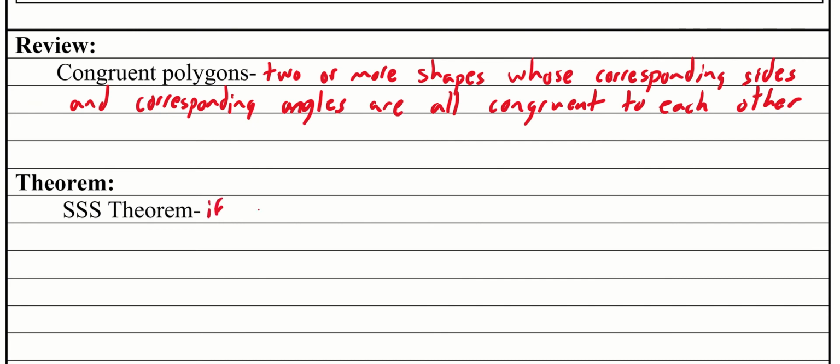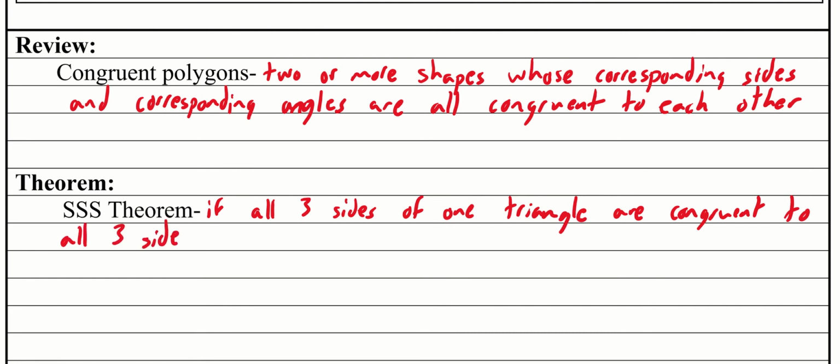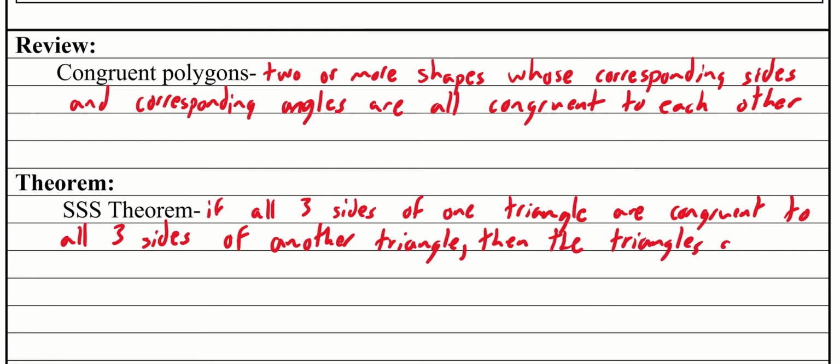It says if all 3 sides of one triangle are congruent to all 3 sides of another triangle, okay, if this is the case, if all 3 from one are congruent to all 3 of another, then I can come to this conclusion that the triangles as a whole are congruent.